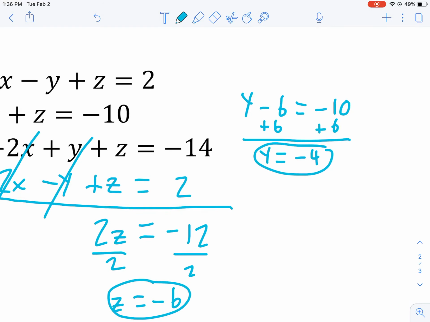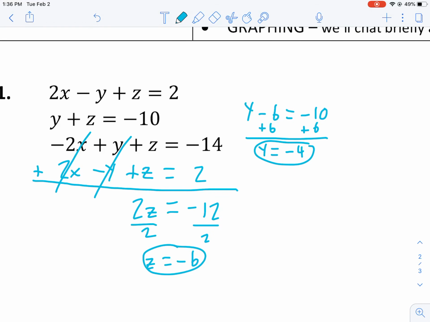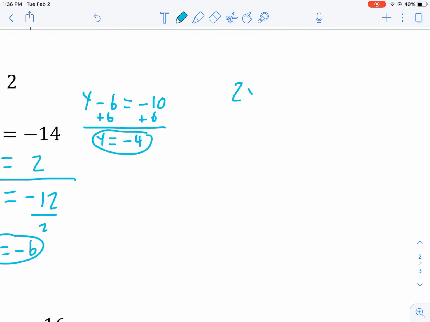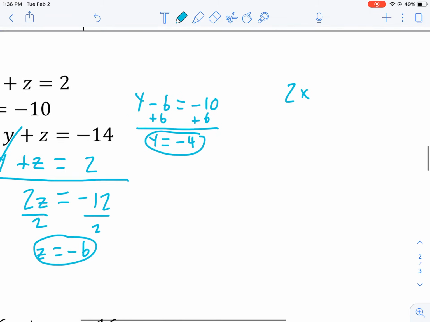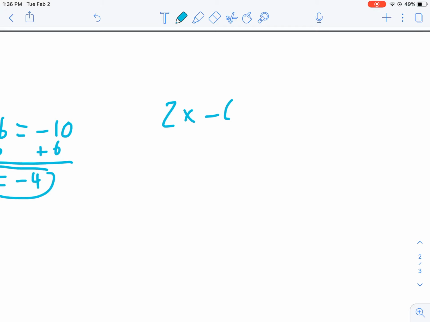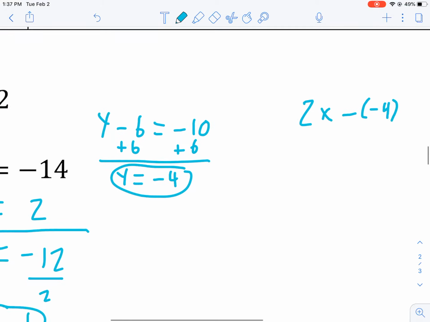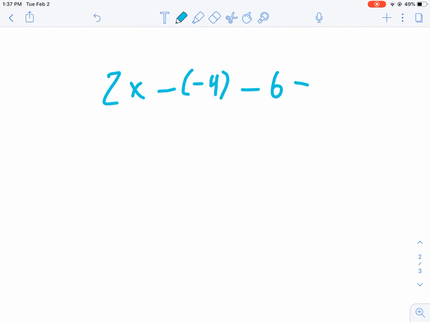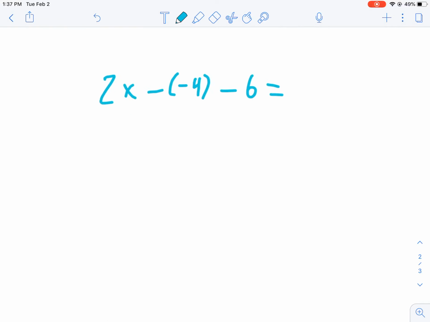So now we have z and we have y, which means we can plug them both in to try and find x. So I'm going to plug them both into that top equation. So I'm going to have 2x minus y. So y is negative 4, so it's going to be minus negative 4. Be careful about plugging things in with parentheses. And then plus negative 6 equals 2.